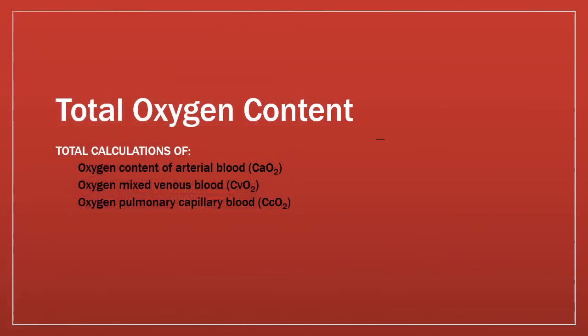There are several types of total oxygen content equations: oxygen content of arterial blood, or CaO2, oxygen content of mixed venous blood, CvO2, and oxygen content of pulmonary capillary blood, or CcO2. We're going to look at the differences in each equation.